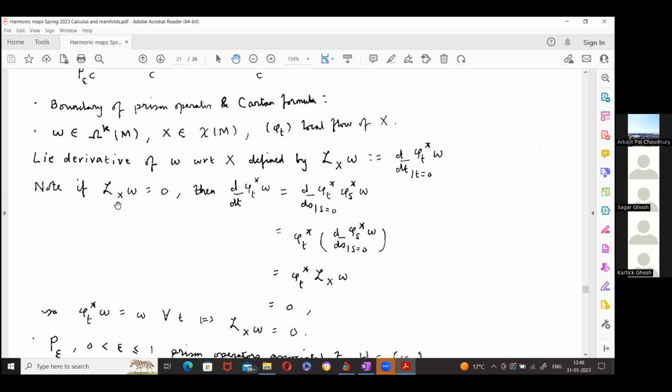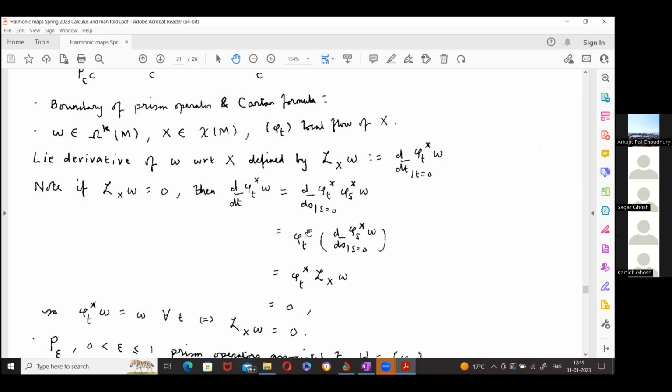Conversely, if the Lie derivative Lx omega is 0, then you can write this d/dt of phi t star omega, similar to what we did earlier, as d/ds at s equal to 0 of phi t star of phi s star of omega. Here t is fixed, s is varying. This phi t star is a linear map, so I can pull it out of the derivative.